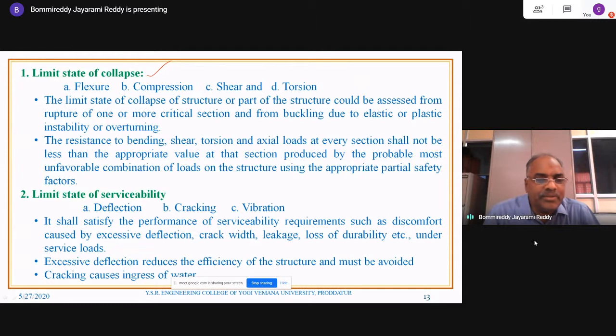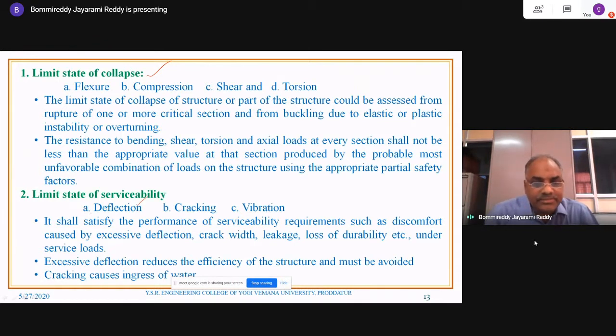So if the structural member is designed for bending, and the member has some flexural resistance, that resistance must always be more than the effect due to loads, because of all possible worst favorable and worst unfavorable combinations of the loads. So that means the strength of the member must always be more than the moments and forces that are induced on the structure.